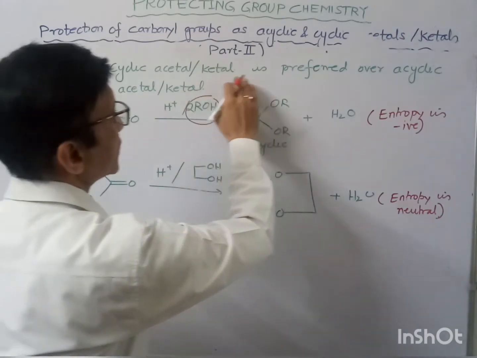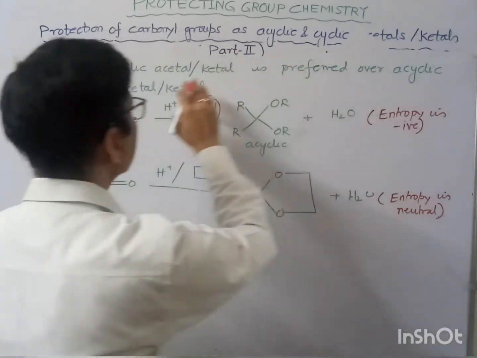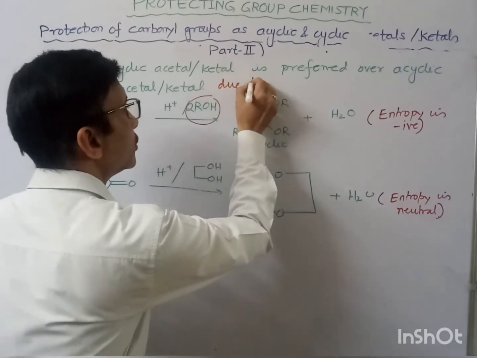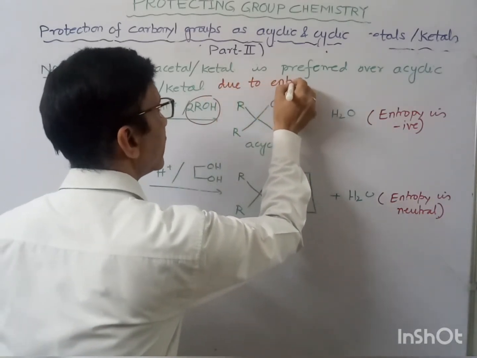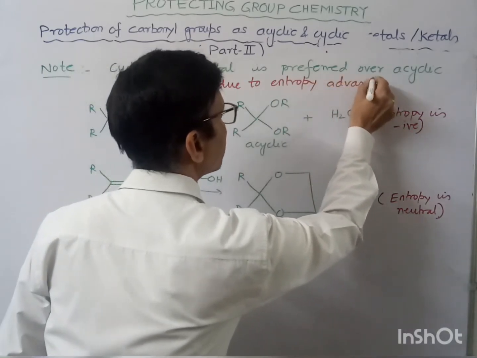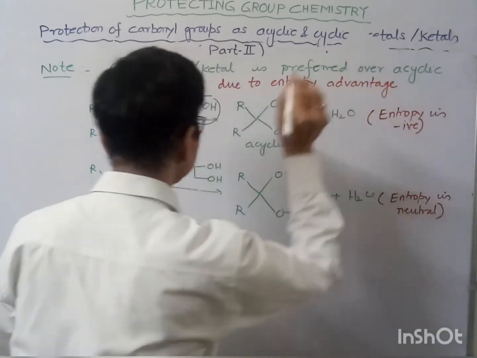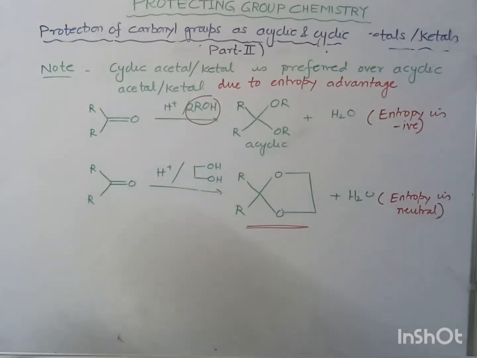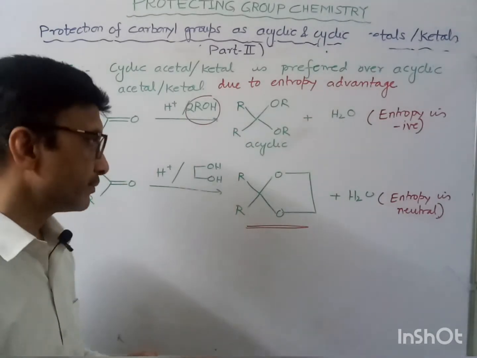Cyclic acetal and ketal is preferred over acyclic acetal and ketal, so we should prefer the formation of cyclic acetal and ketal or cyclic thioacetal and thioketal.